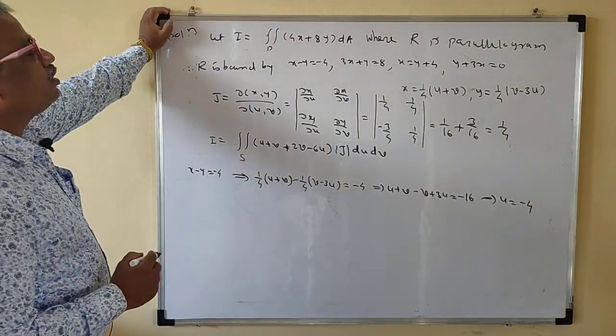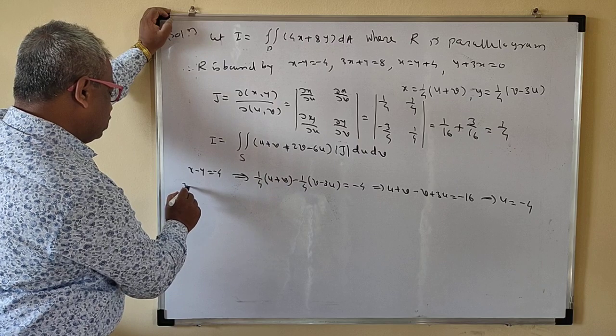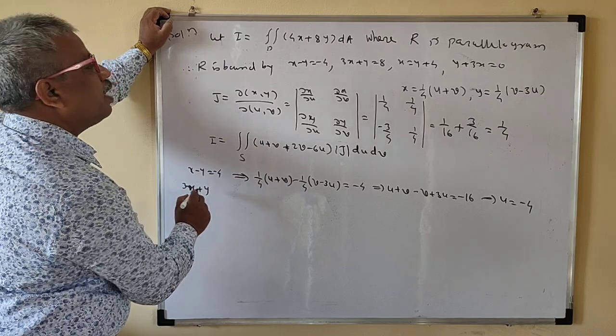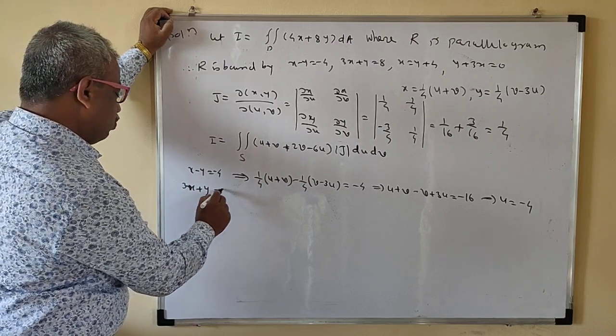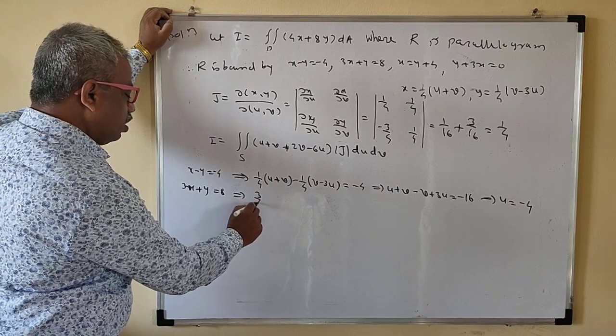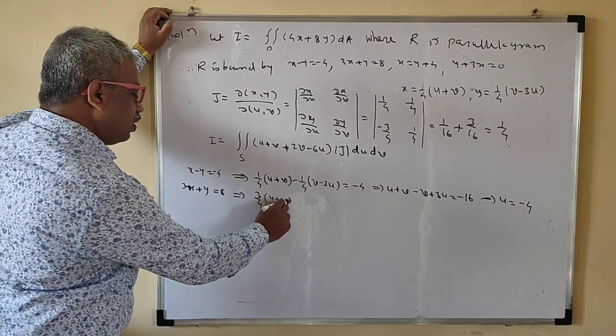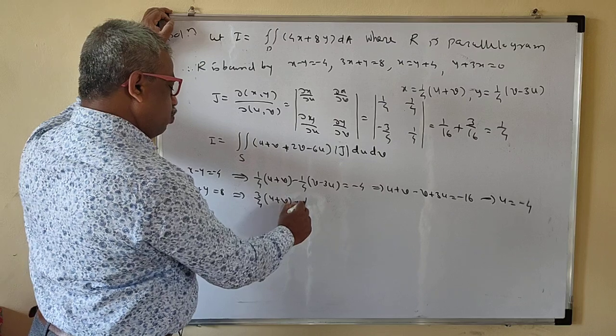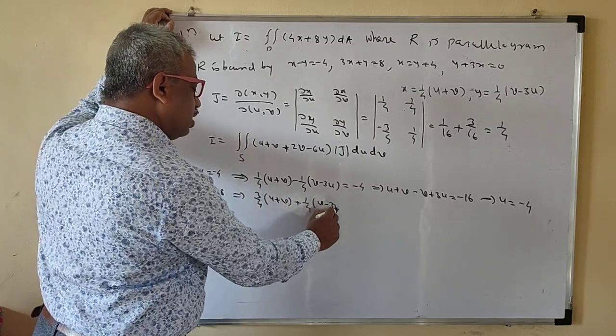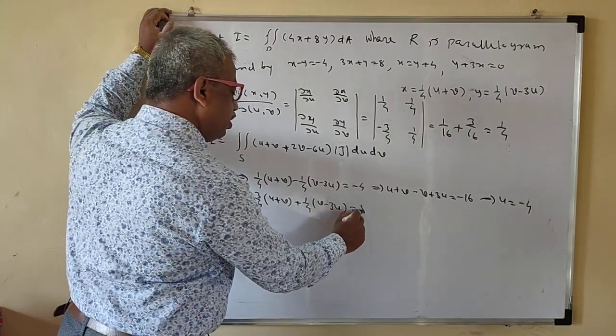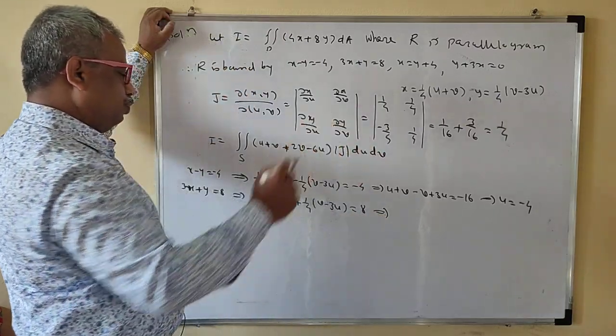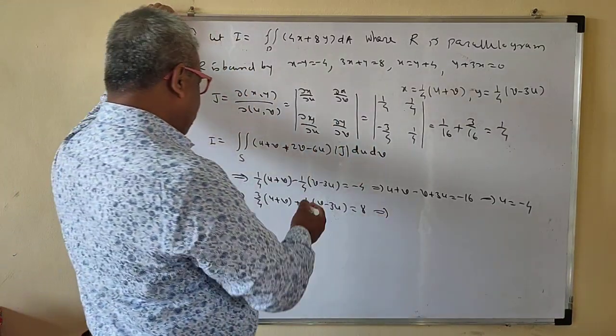Okay. So now next equation is 3x plus y is equal to 8. So this is 3 by 4 (u plus v) plus 1 by 4 (v minus 3u) is equal to 8. Again I will multiply by 4 on both sides and simplify this.